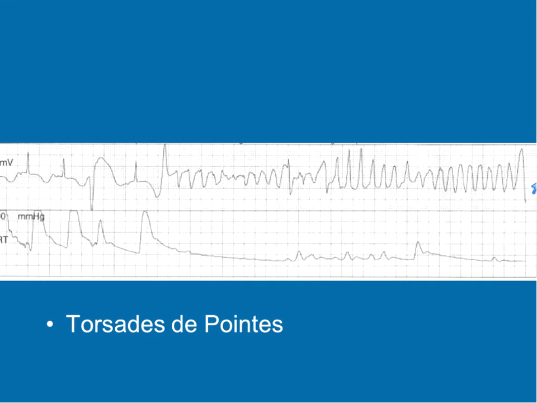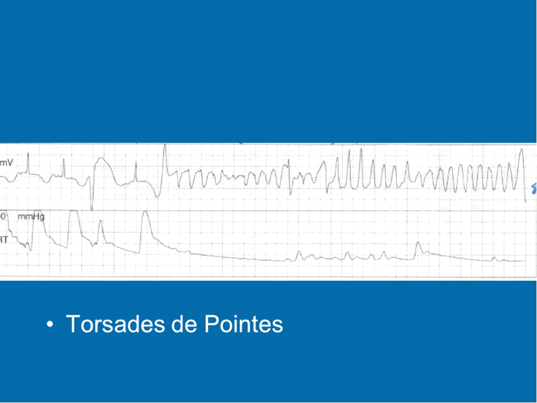A normal QT, just for those of you that would really be interested in knowing that, should be less than or equal to 0.4 seconds. So that would be like 10 boxes, okay? So QT, from the Q to the end of the T wave.